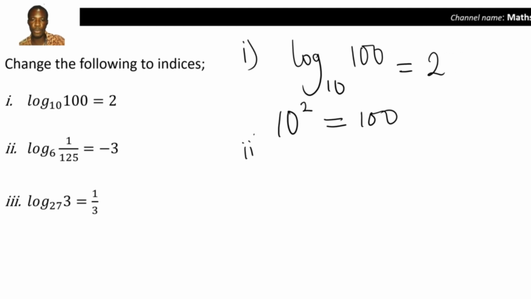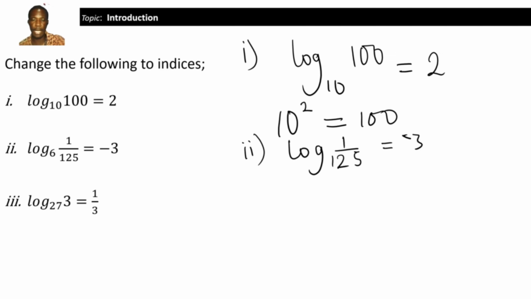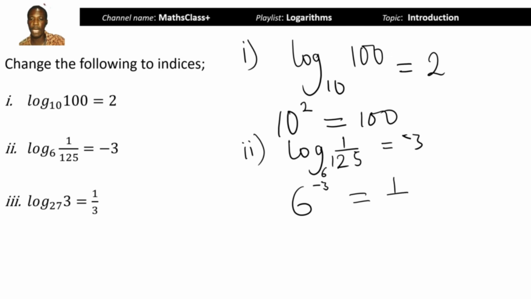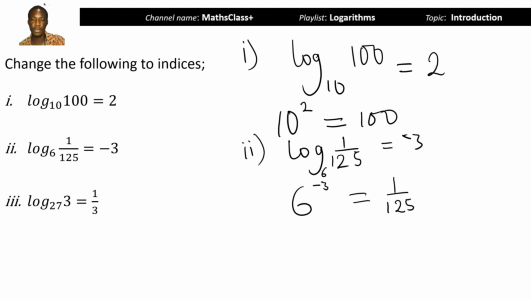The second example, we have log of 1 over 125, and that is equal to negative 3. The base is 5. So we have base 5 to the power negative 3 is equal to 1 over 125.